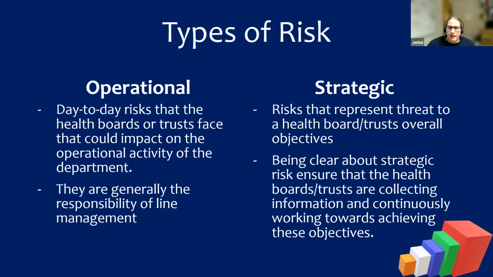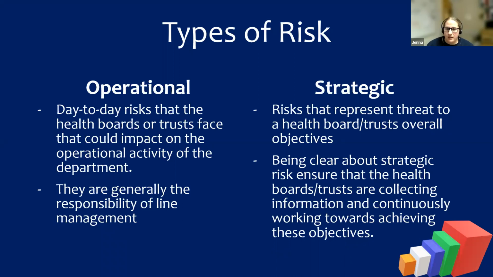So if we're thinking about strategic risks, they are risks that represent a threat to a health board's or trust's overall objectives. Now, each health board, regardless of where you are, is relatively clear about their strategic objectives, and they're usually something that is achieved over the next 5 to 10 years.